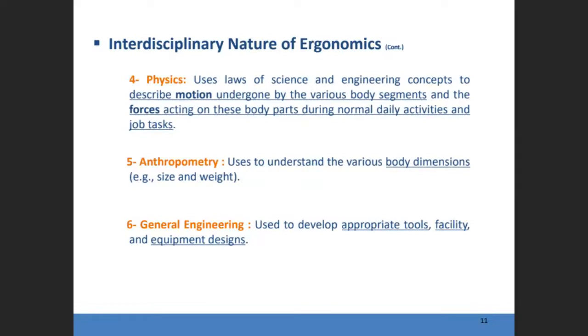Anthropometry is used to understand the various body dimensions, the measurements of the body. General engineering is used to develop appropriate tools, facility, and equipment designs. And here is mainly your task. You are working with these other five interdisciplinary fields at the end to develop tools, devices, even artificial parts.